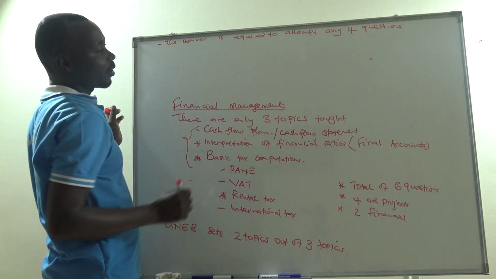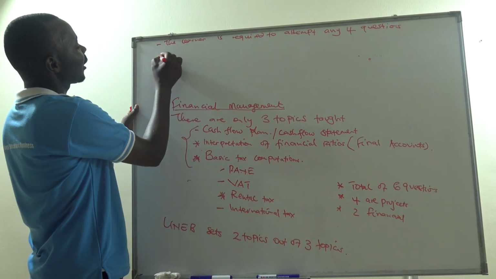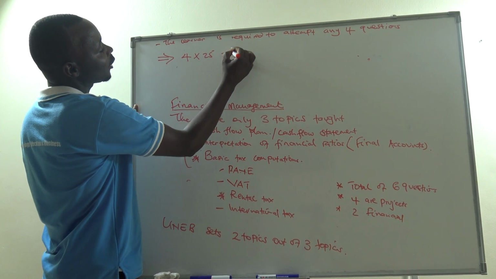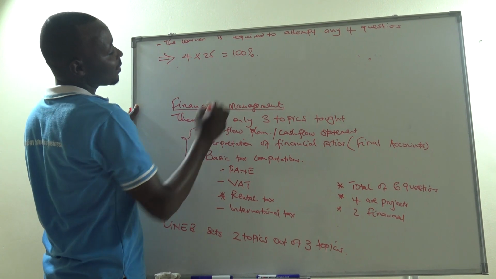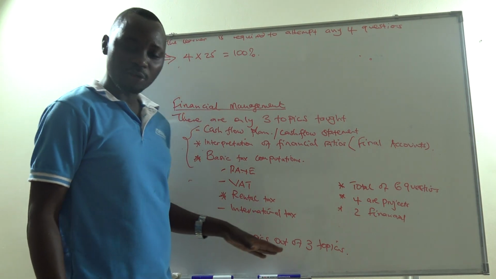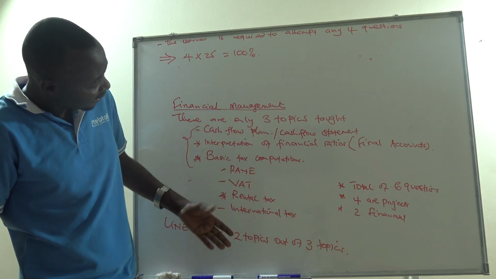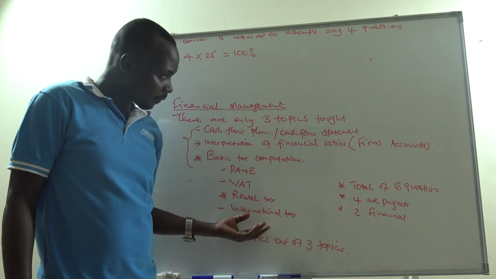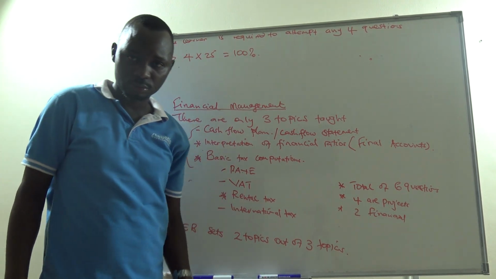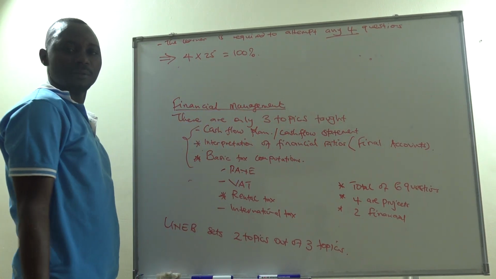And each question carries 25 marks. Meaning, the 4 questions attempted times 25 marks shall give us 100%. But is the learner supposed to attempt financial management by force? No. That's why I said any 4.